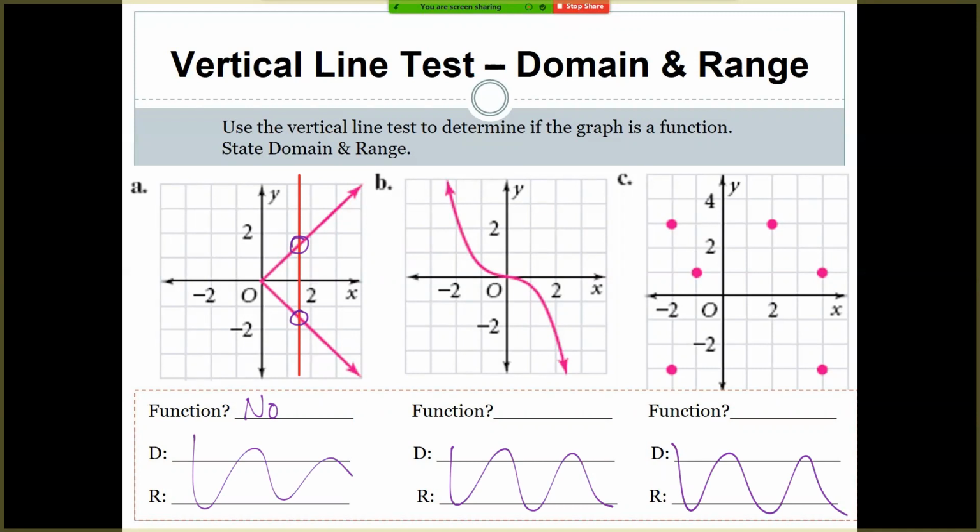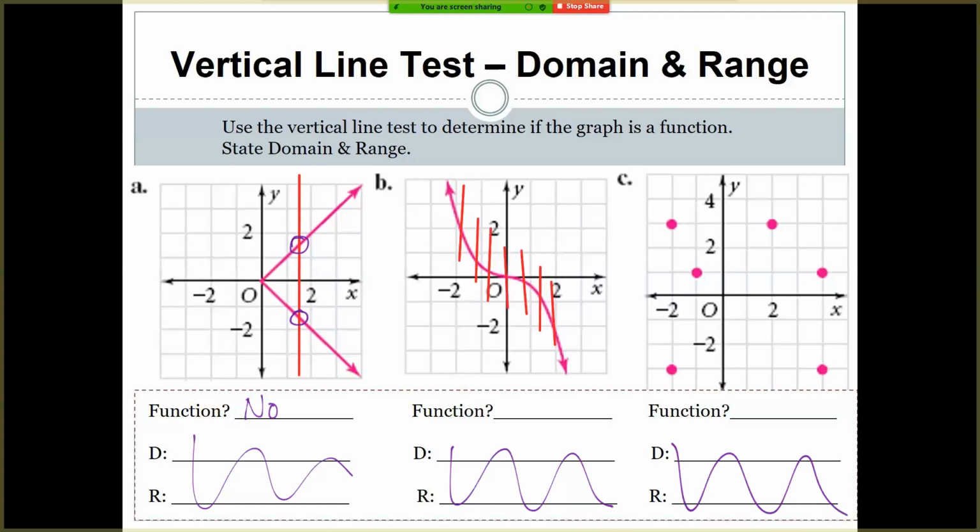We're not going to worry about domain and range. I want you to look at B and C and see if you can decide whether each is a function or not. For letter B, I can draw vertical lines anywhere I want.